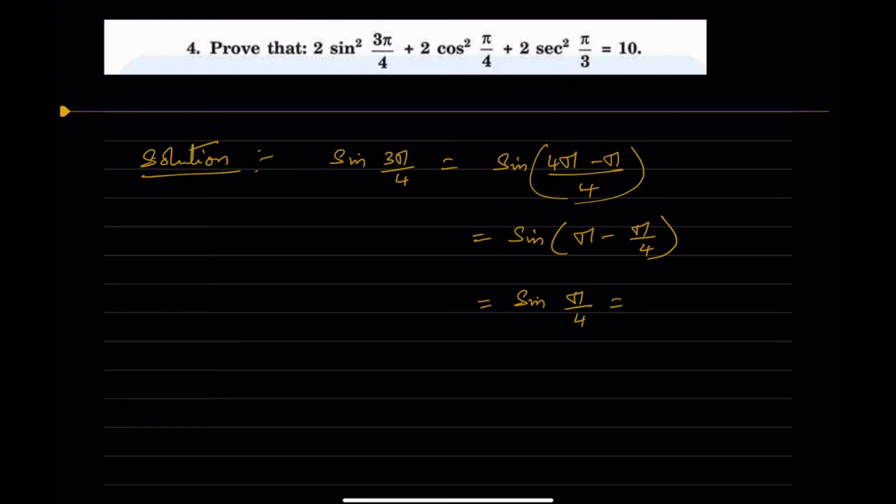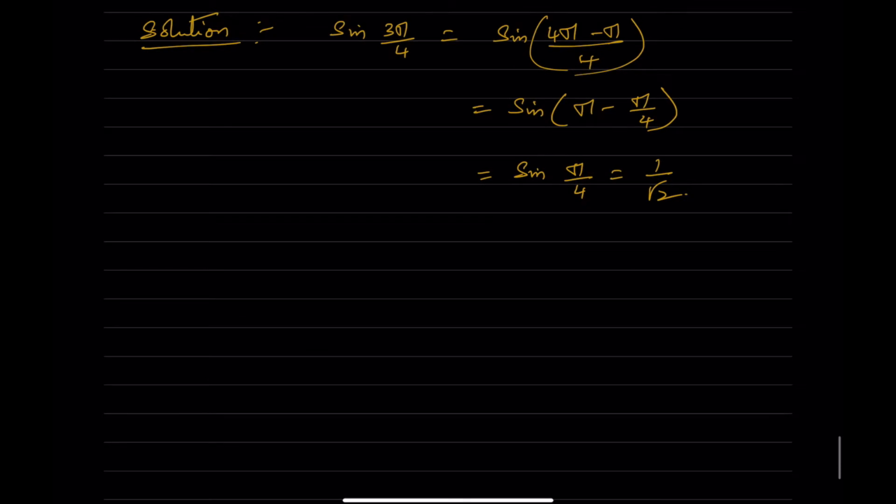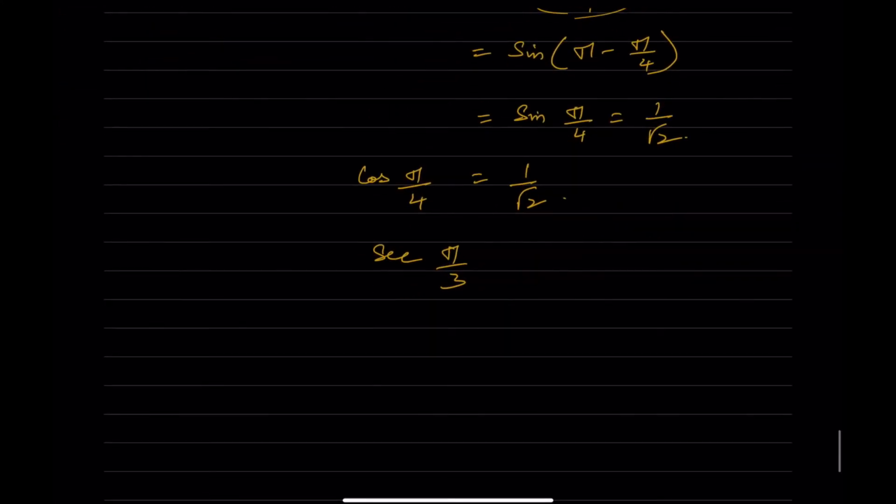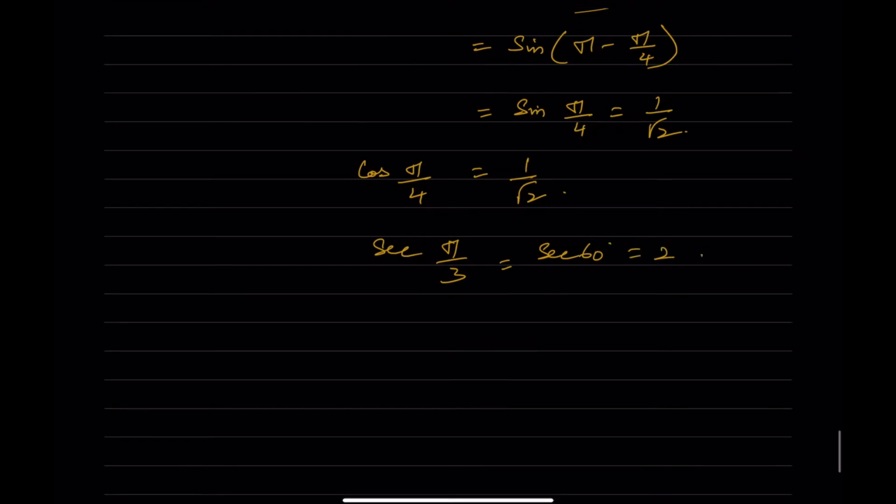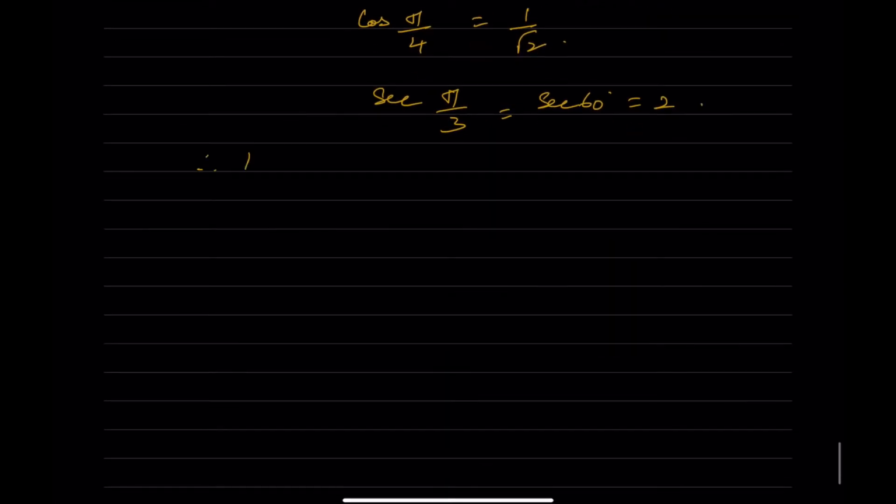So which is equal to sine 45, which is equal to 1 by root 2. Next, cos of pi by 4, that means cos of 45, which is equal to 1 by root 2. Next we have secant of pi by 3, which is equal to secant 60, which is equal to 2.